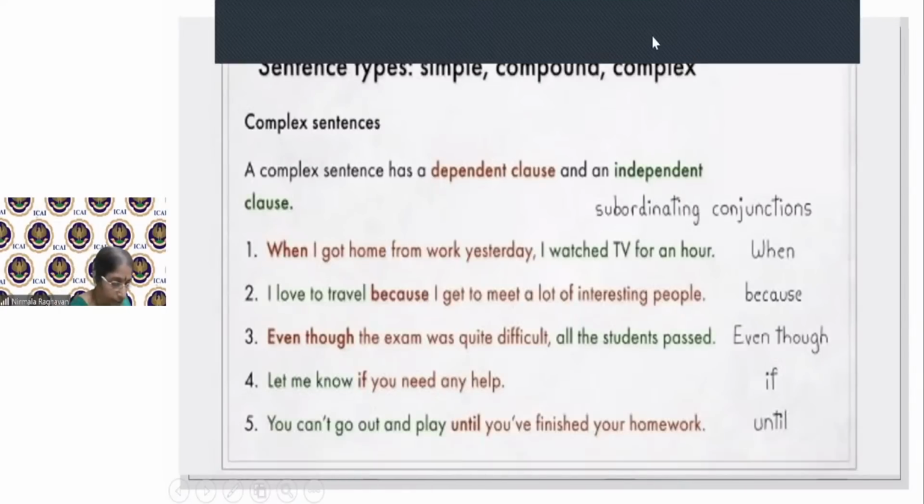Now look at that. So I have given you the coordinating conjunctions, the subordinating conjunctions with which you can identify a complex sentence. Now just look at this. Here are examples of complex sentences. You will see that the part that is in block red.